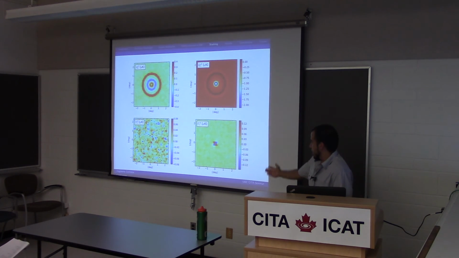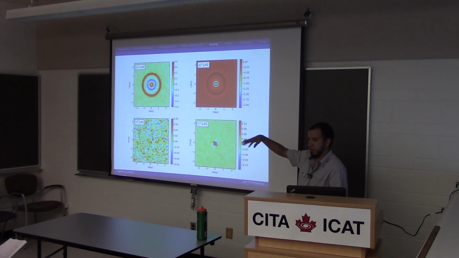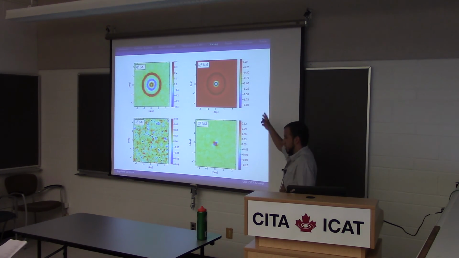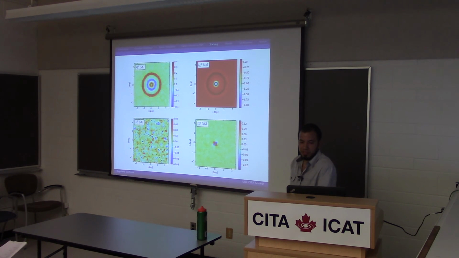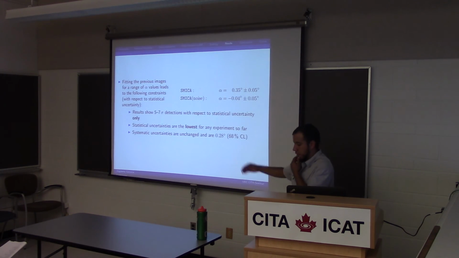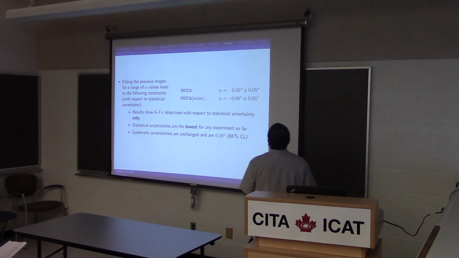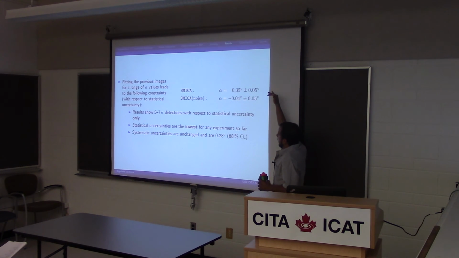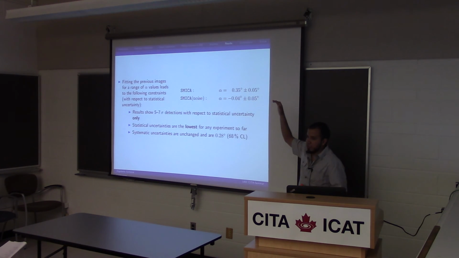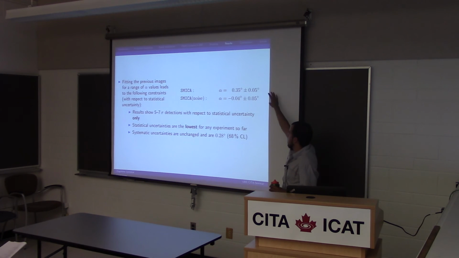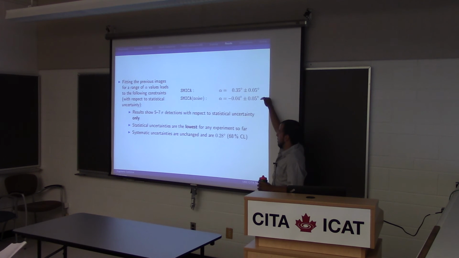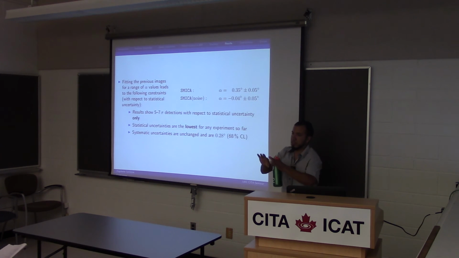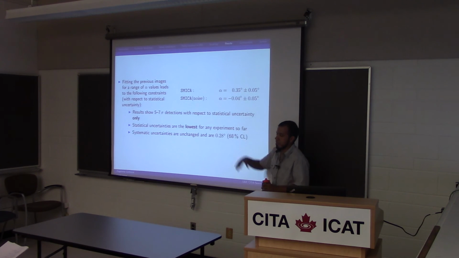So what you do with this is you have the prediction, you have the data, you can use the likelihood and fit the values for alpha. When you explore the parameter space, you get these values. You get roughly an angle of rotation of 0.3 degrees with some statistical uncertainty of 0.05, and then if you do some null tests to null out the data, you get something consistent with 0.